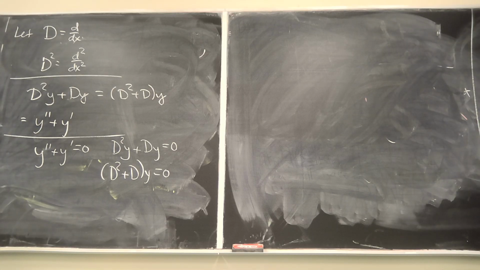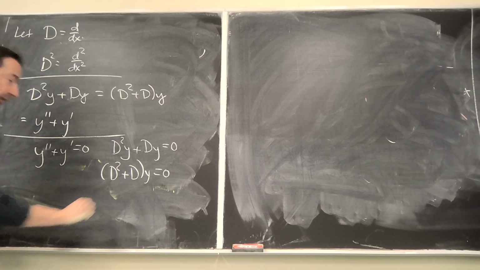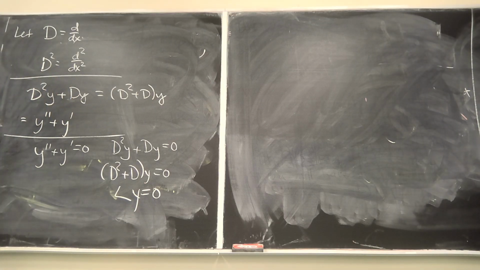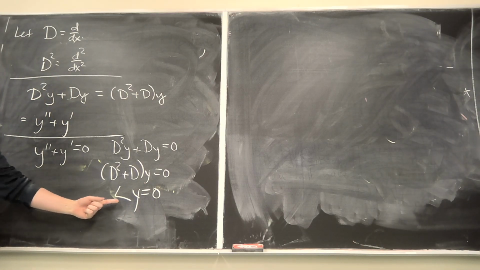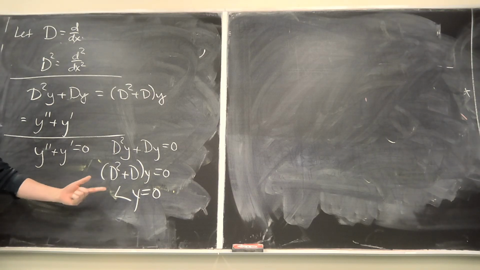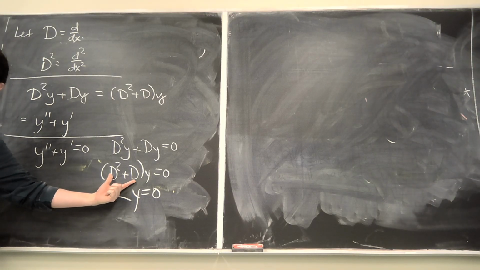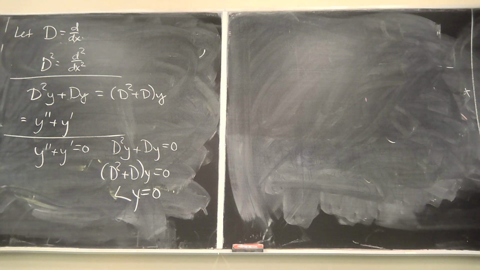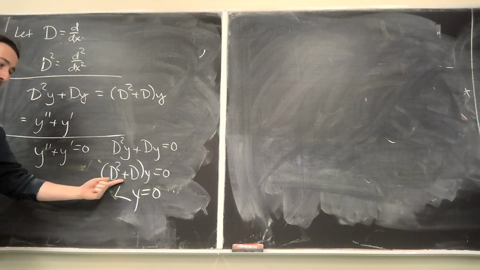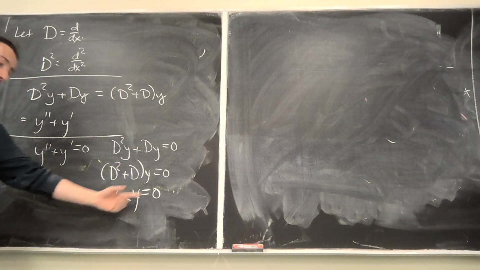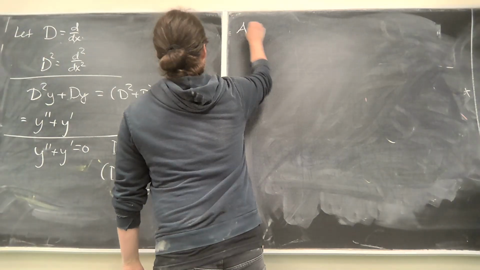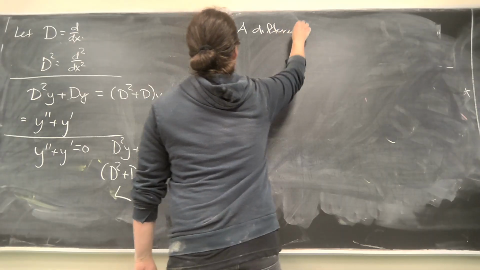And that object right there, D squared plus D, it's going to call L. If you've been reading the book and trying to figure out what's going on with all the D's and the L's, it's saying L is some kind of polynomial expressed in terms of these derivatives. So these are all notations for the same thing: y'' + y' = 0, D squared y plus Dy, D squared plus D applied to y, or Ly = 0, where L = D squared plus D. All the same.